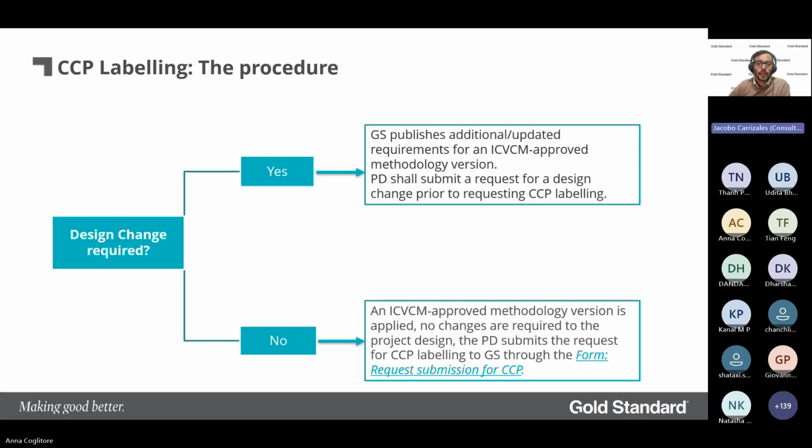So again, we can go through design change or not. It will depend on the characteristics of the project and whether the project is applying an ICVCM approved methodology, or if it's not, or if there is an updated version of the methodology. Could we move to the next one, please?